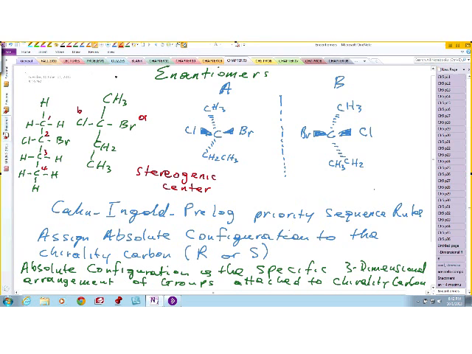So chlorine is B. Now, you want to make a decision about which is going to be C. If we take a look at this carbon, the ethyl or the methyl, which will be C? Ethyl. Why?